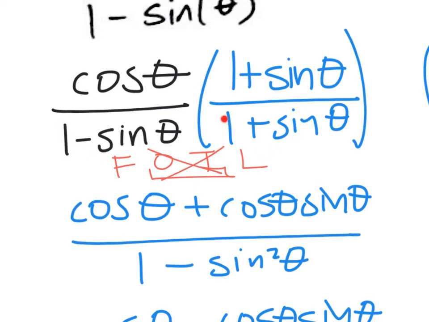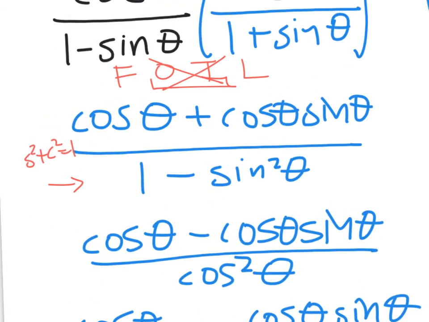And we're left with 1 times 1 minus sine squared theta, which, from the previous question, our Pythagorean identity, sine squared plus cosine squared equals 1, most common identity, we know that this is cosine squared of theta.